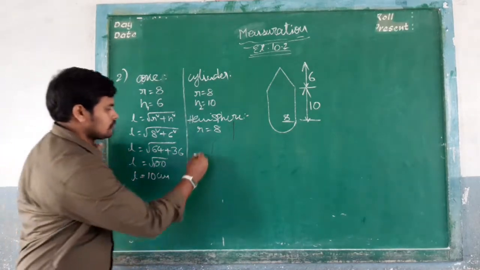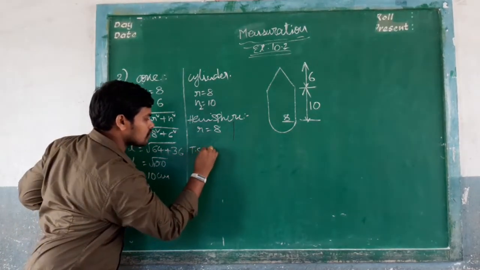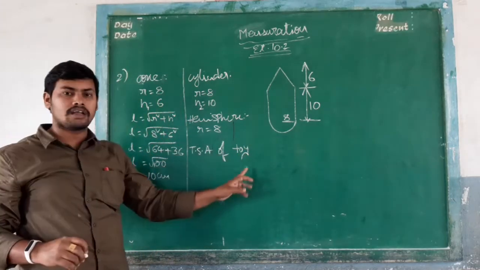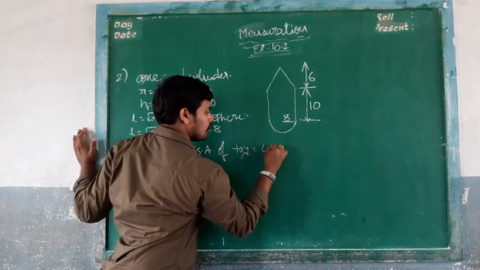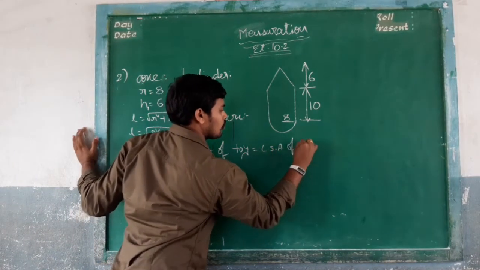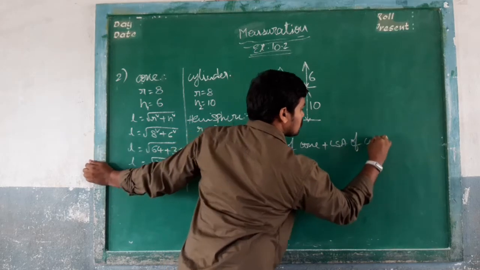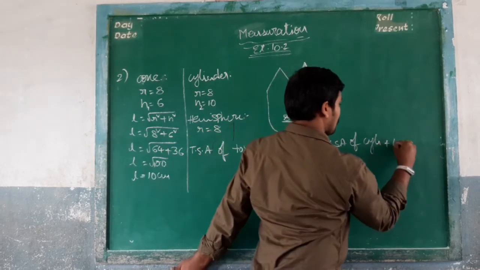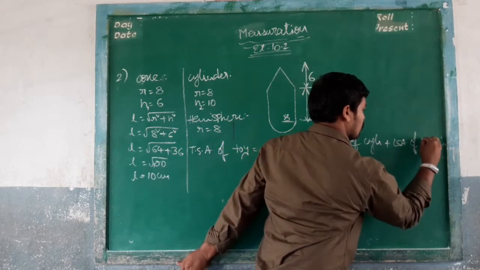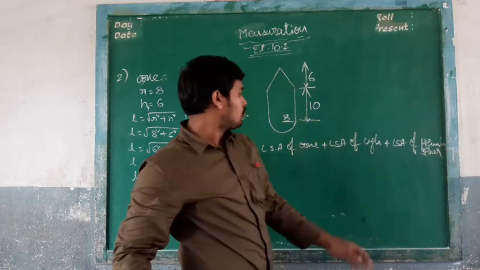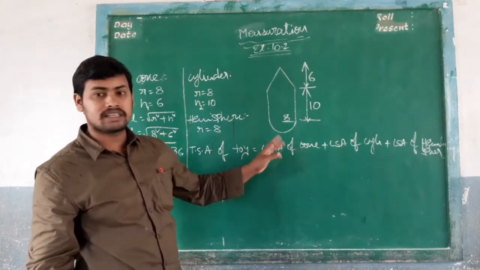So I have to calculate the total surface area of the toy. There are three solids.